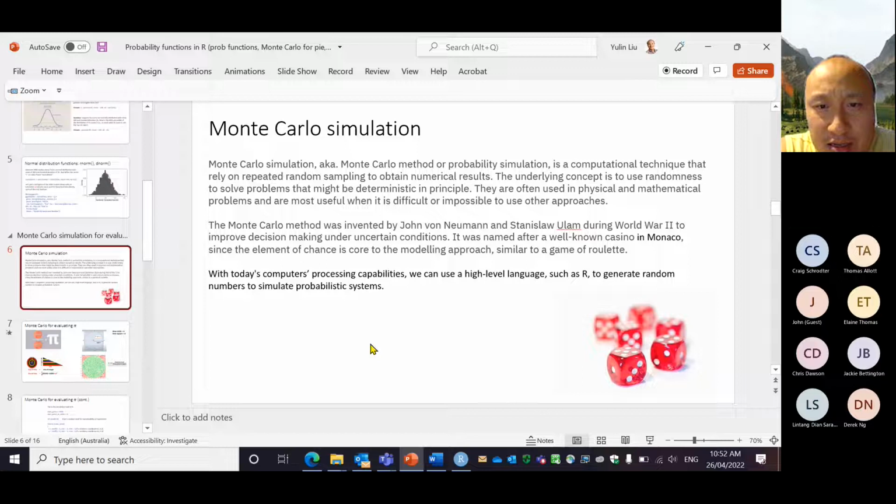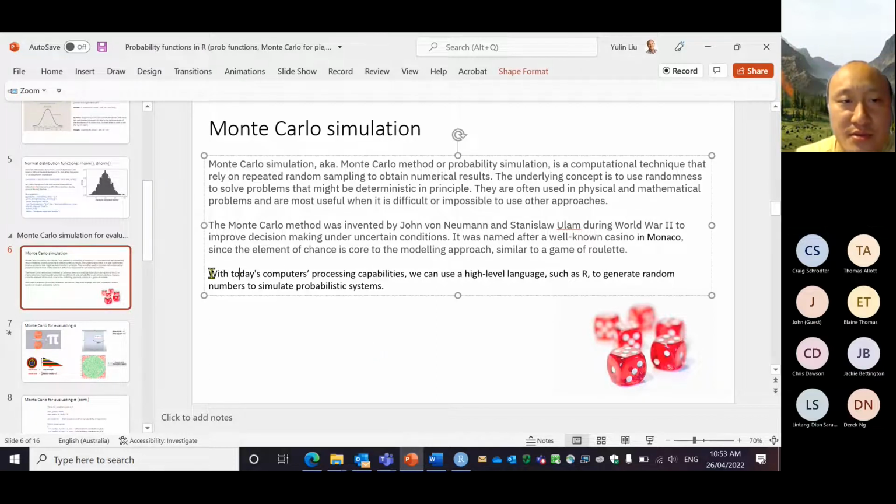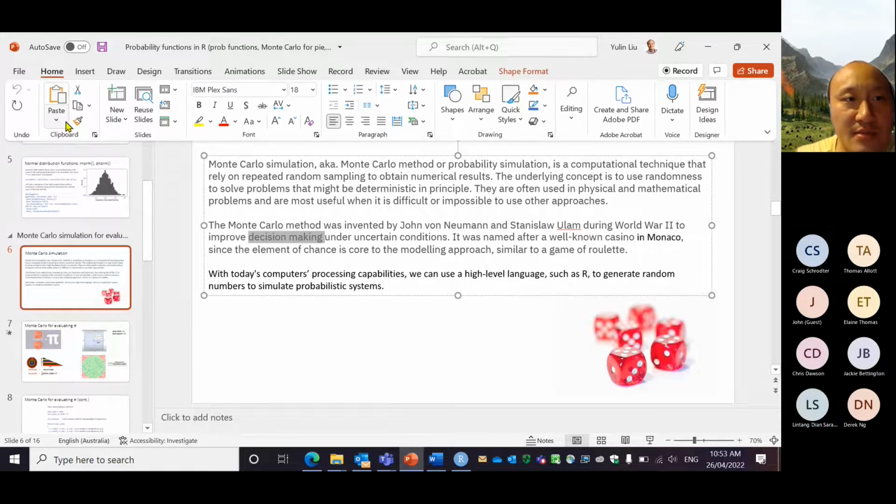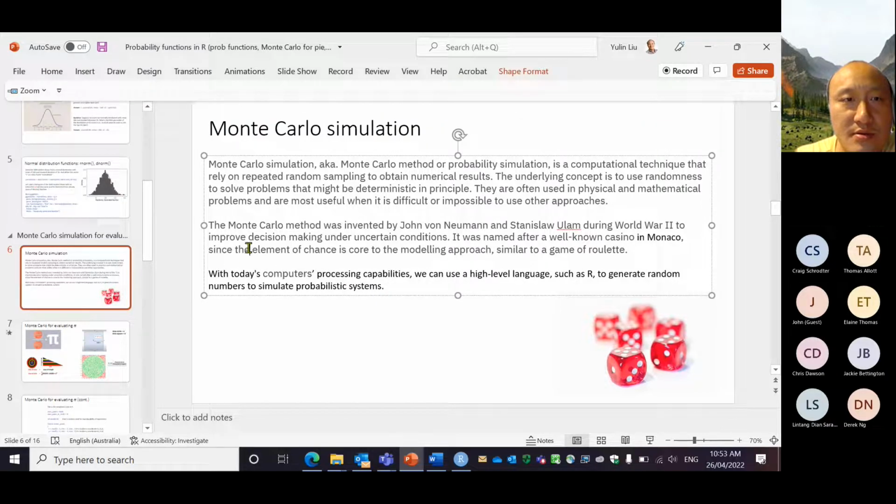So we're going to use today's computer to process random numbers, and then to simulate the probability system. Today is much easier than before because the computer is much faster today. All right, let's do it.